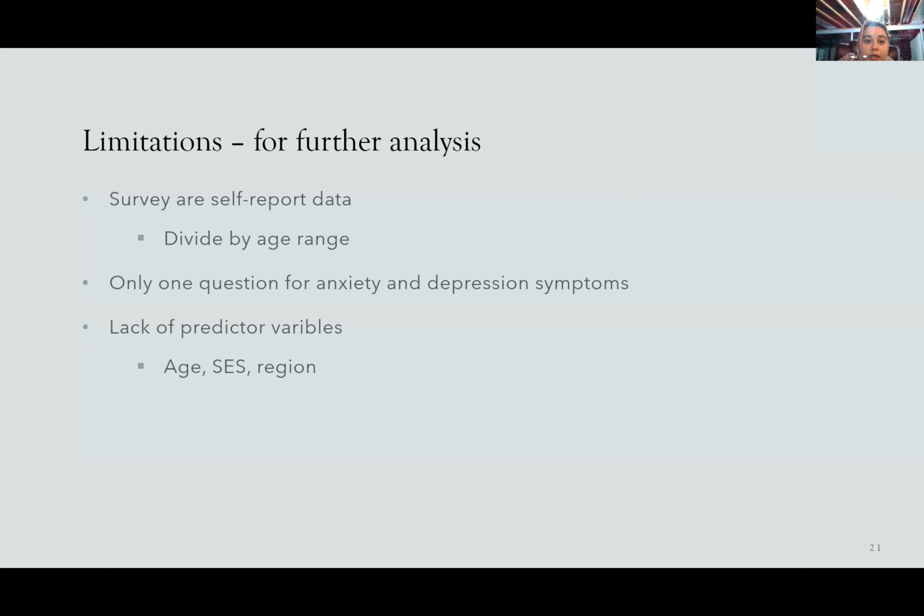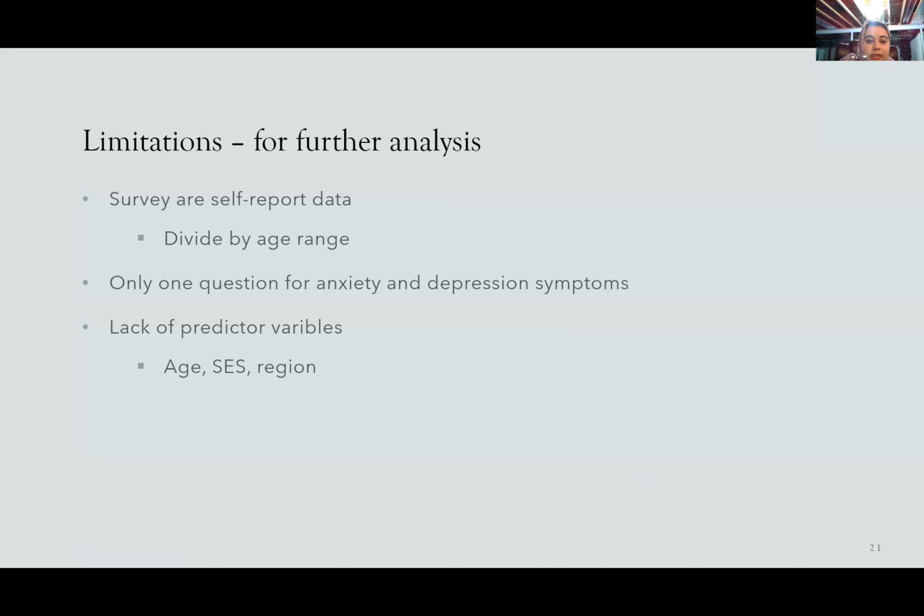Another limitation was that this survey only had one question for anxiety and one question for depression, and that was the only question I could use, but it lacked other ways of testing for anxiety and depression symptoms, like somatic symptoms for depression, to give a better view of the symptoms and the prevalence.